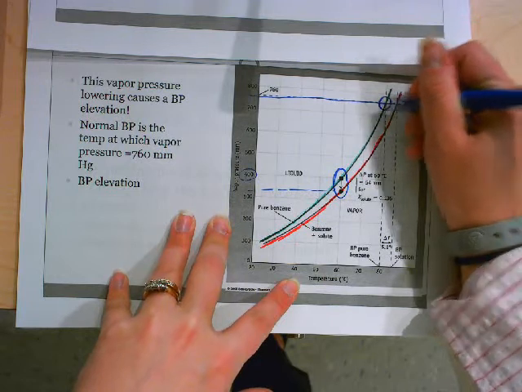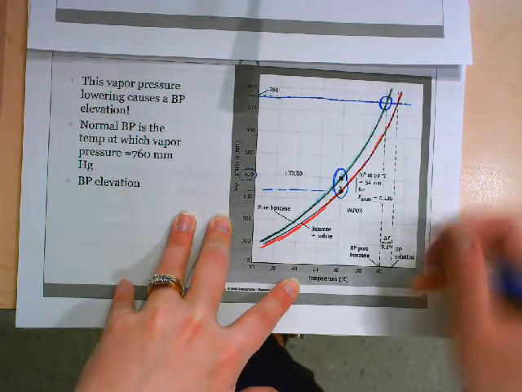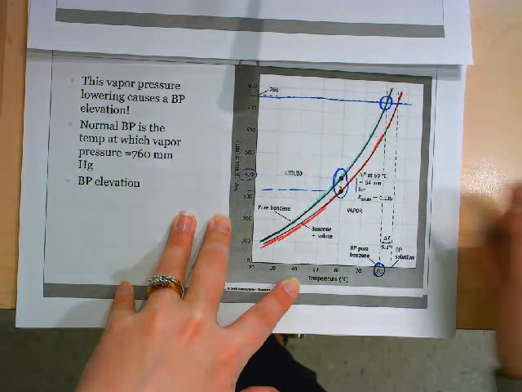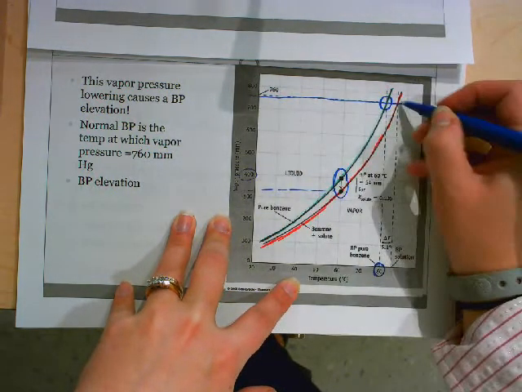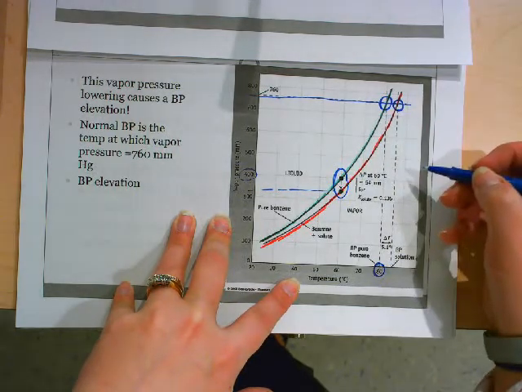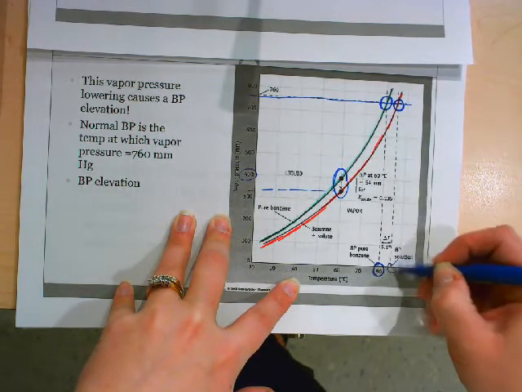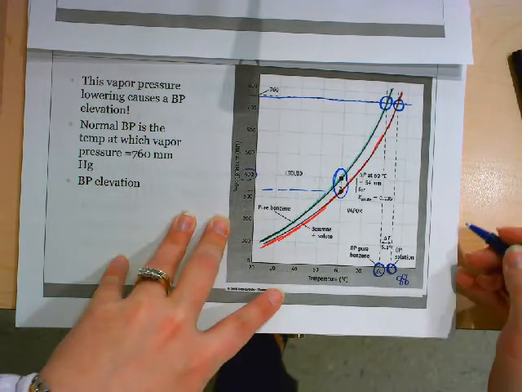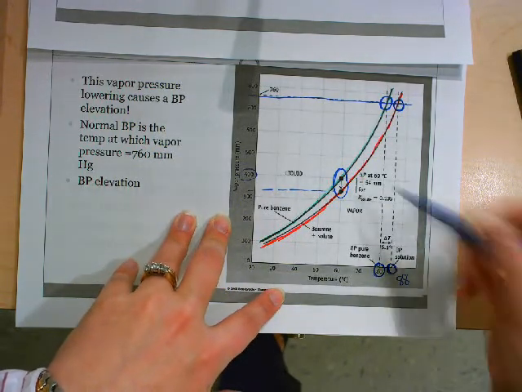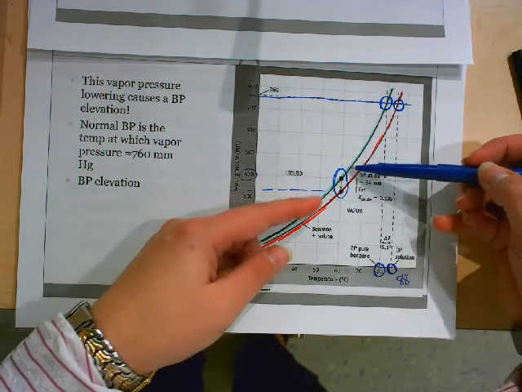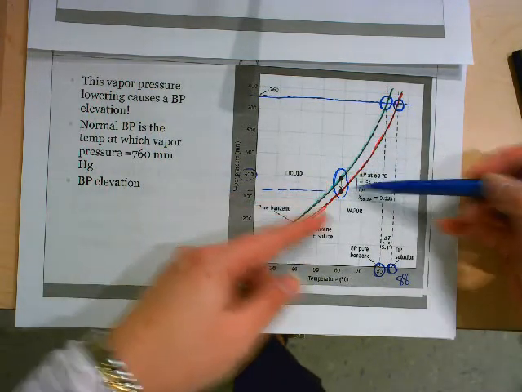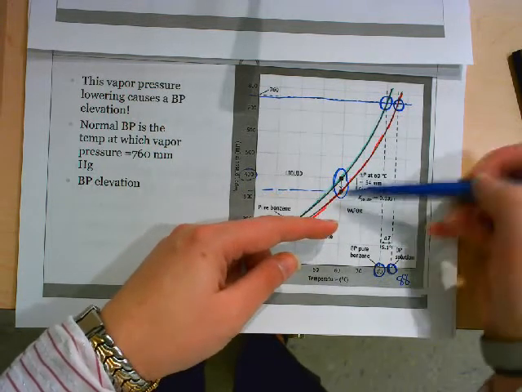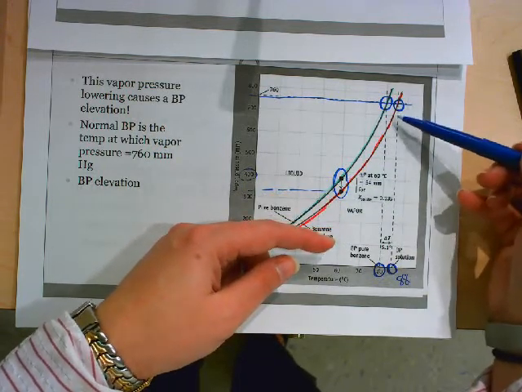My original point on the line, boiling point, is 80. At the same atmospheres, my curve has been shifted, and so I have a new boiling point of 88. So by this curve, you can think about it as shifting kind of down and out. The vapor pressure is down, but then the curve is farther out here to the right.